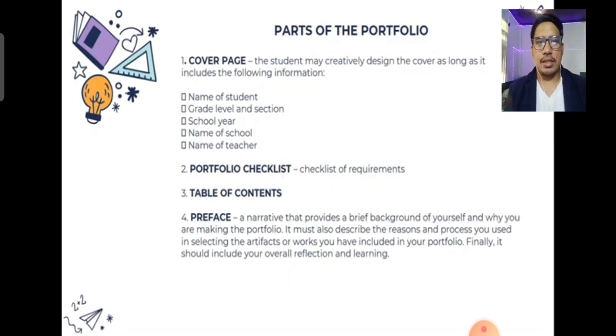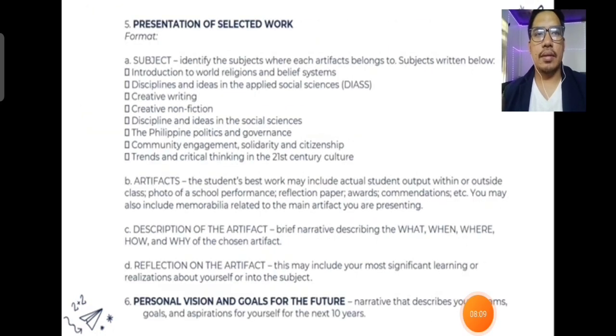And then the preface, a narrative that provides a brief background of yourself and why you are making that portfolio. While you're making that portfolio, it must also describe the reason and processes you use in selecting the evidence or the artifacts or works that you have included in your portfolio. Finally, it should include your overall reflection and learning.